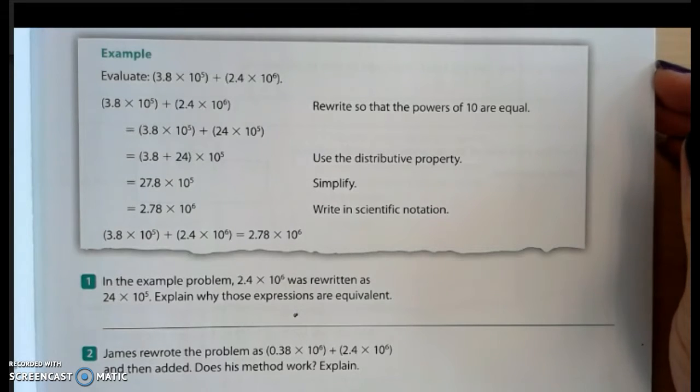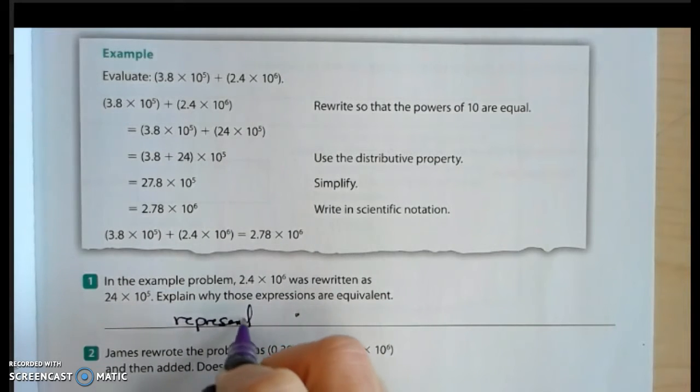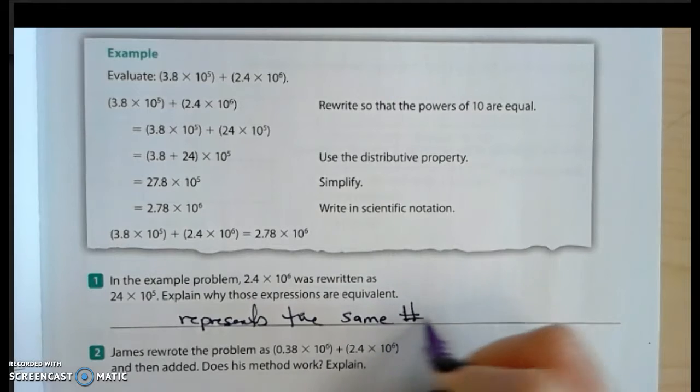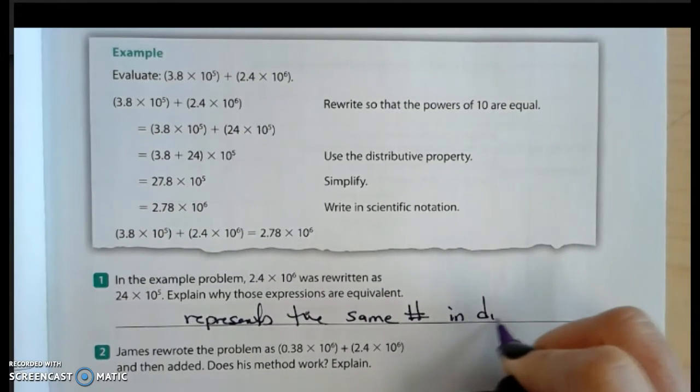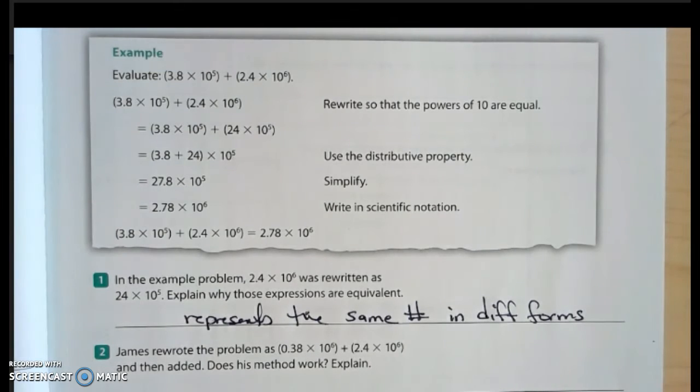The expressions are equivalent because it represents the same number in different forms. Okay, it's the same number, it's just different place values of that number. Instead of 2.4 times 10 to the 6th, they changed it to 24 times 10 to the 5th. Okay, they just multiplied 2.4 times 10 and subtracted one of those exponents.